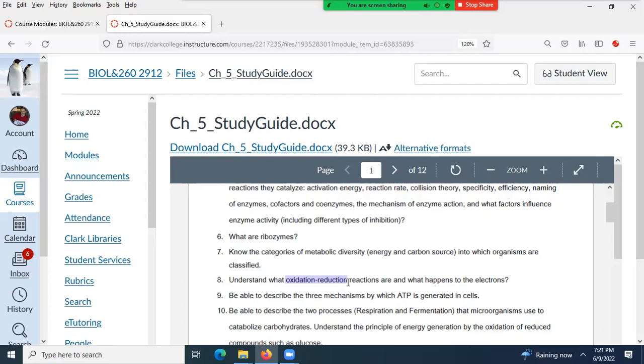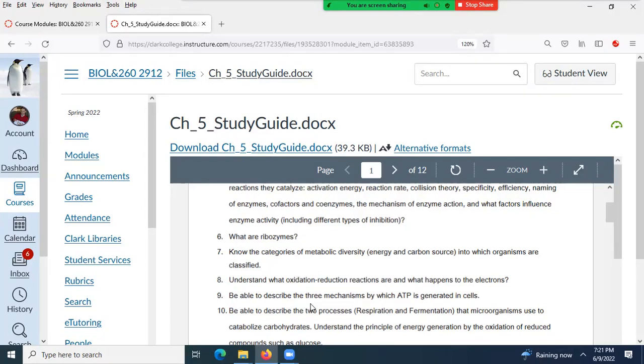LEO, L-E-O, G-E-R. Yeah, Leo the lion says GER, gain electron reduction. Okay. Or Leo the lion goes GER or says GER, one of the two. LEO, lose electron oxidation.